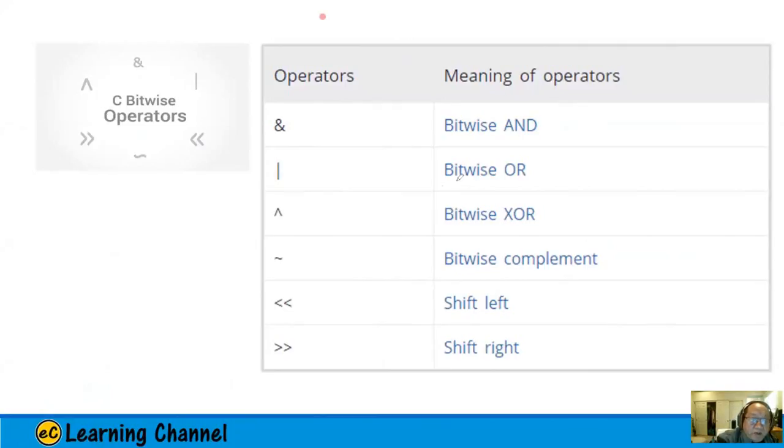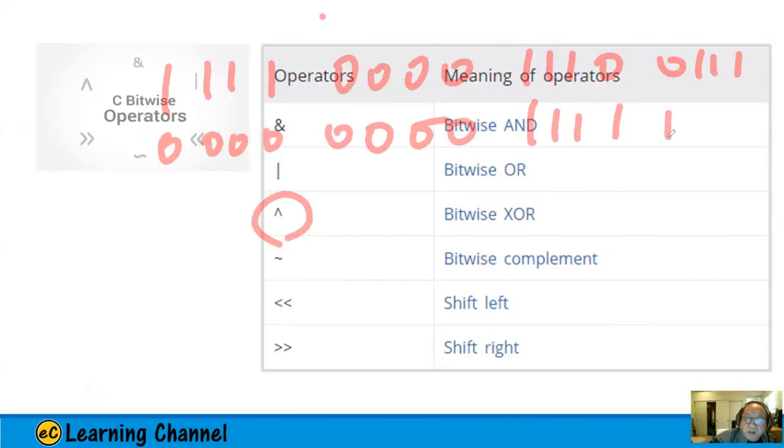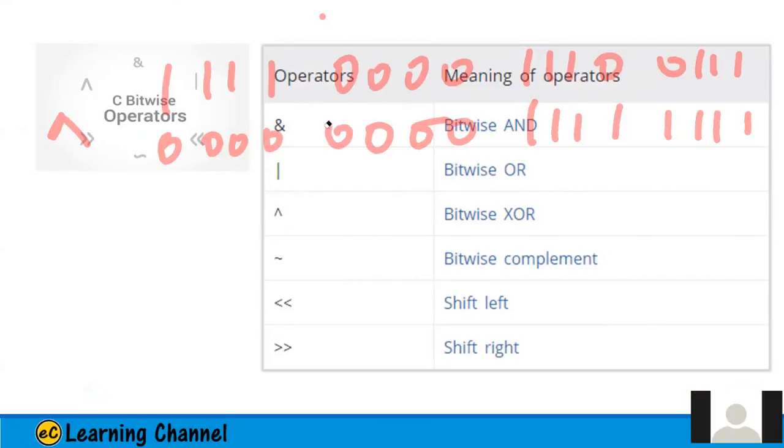If I have a number like 1111, 0000, 111, 00, 111, and I bitwise exclusive OR it with 0000 here, and 0001 here, what would be the result? Eric, do you know what is the result here?